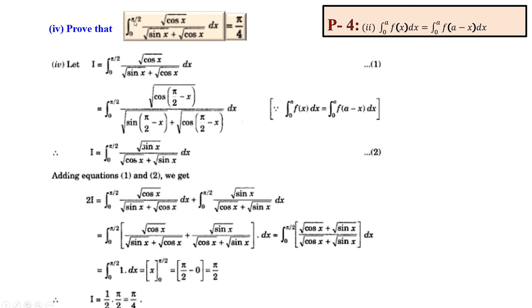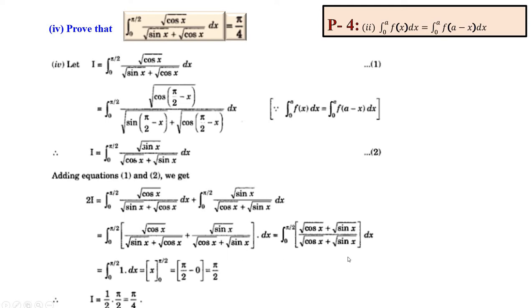Next is integral 0 to pi by 2 square root of cos x by square root of sin x plus root of cos x. We have to show that this is pi by 4 again. So we take the given integral as I, apply P4, the second subdivision, and then we arrive at this. And the denominator is going to be the same for both I's. So the numerator is root of cos x in the first case, and in the second case root of sin x.